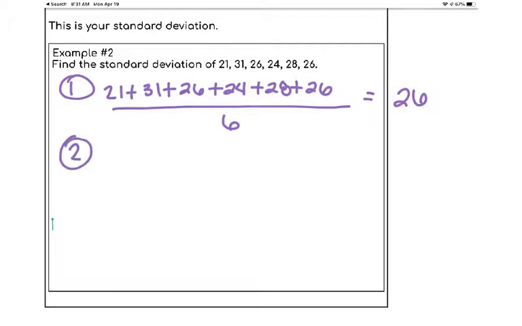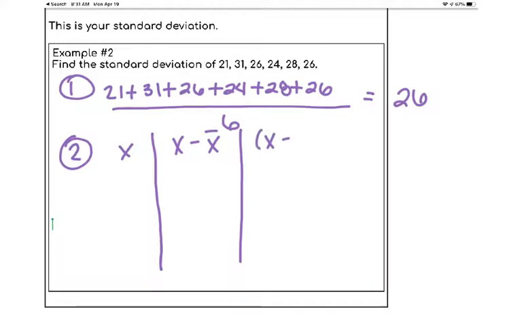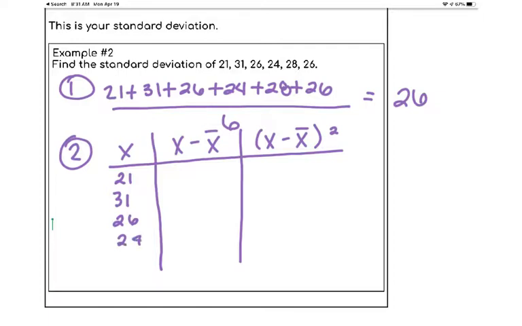Then your second step is setting up that table. So remember, we have x, so those are all the values in our data set. We have x minus the mean, and then we have our deviation squared. Okay, so we have 21, 31, 26, 24, 28, and 26.